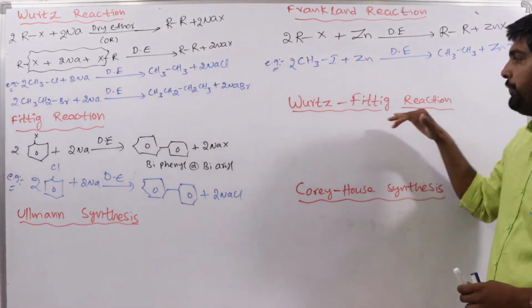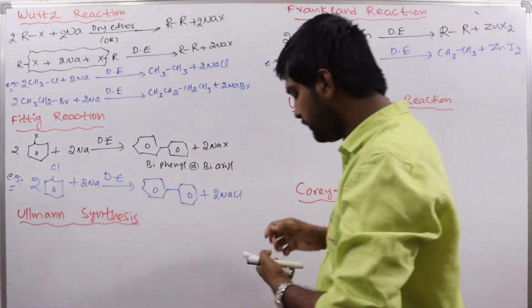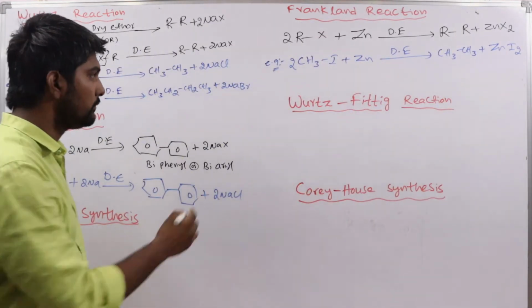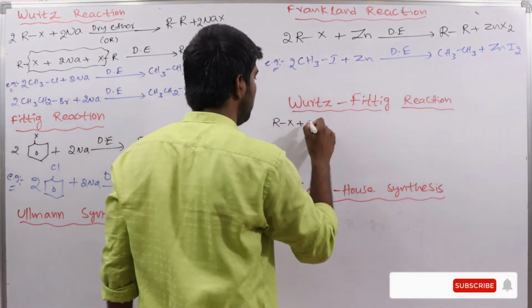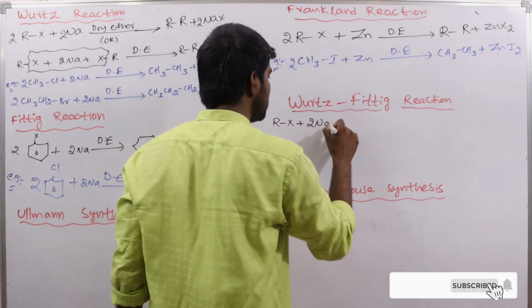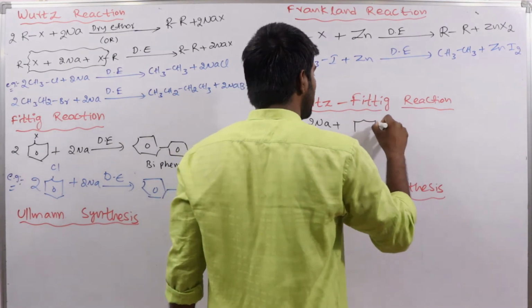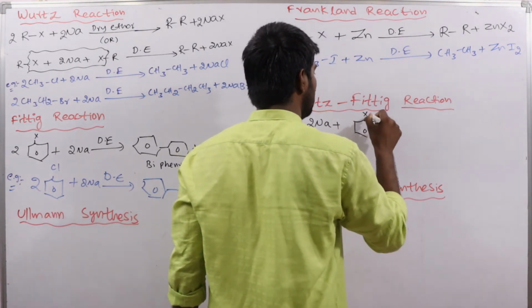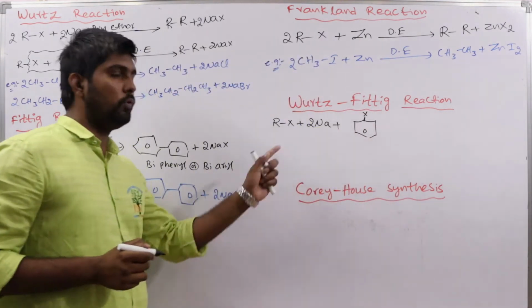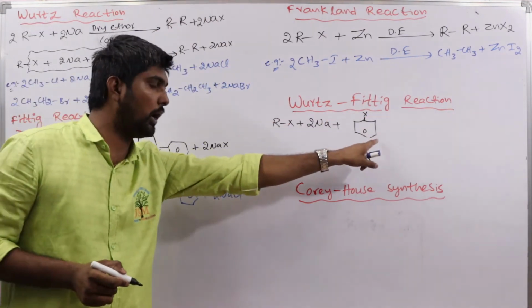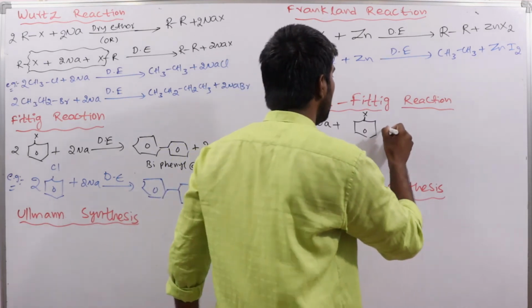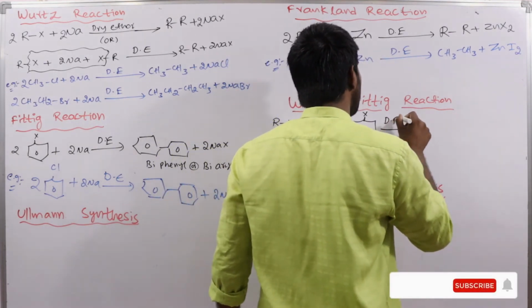Next here, the Wurtz-Fittig reaction. So in this Wurtz-Fittig reaction, what are the reactants? One alkyl halide plus 2 moles of sodium plus 1 aryl halide. So here in the Wurtz-Fittig reaction, 1 mole of alkyl halide and 1 mole of aryl halide react with sodium metal in dry ether.